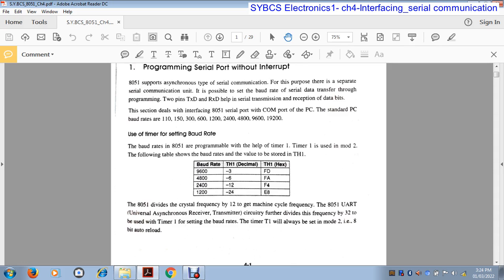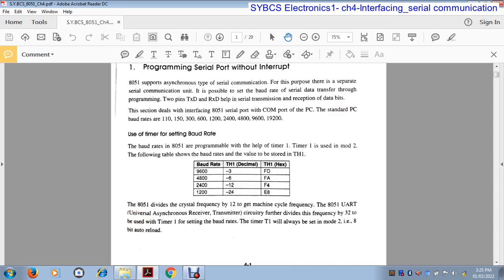So baud rate. We know that baud rate means the rate at which information is transferred in a communication channel. Baud rate is commonly used in electronics that use serial communication. If we consider that the baud rate of a particular serial communication port is 9600, it means that the serial port is capable of transferring a maximum of 9600 bits per second.